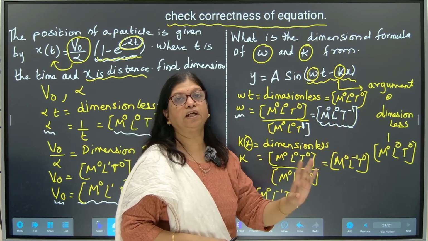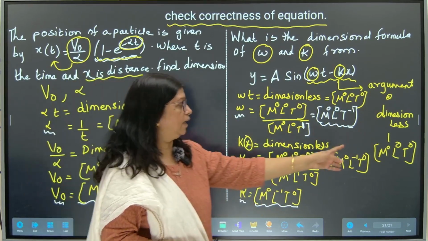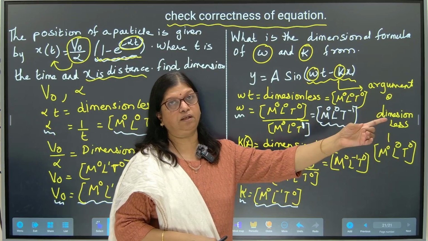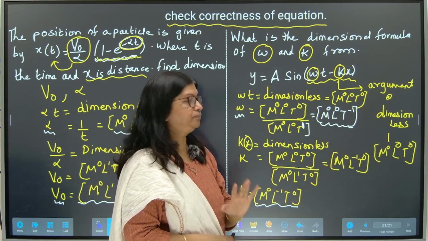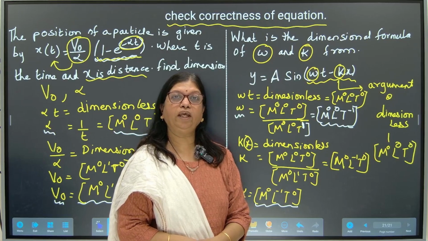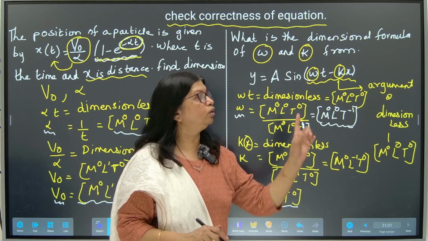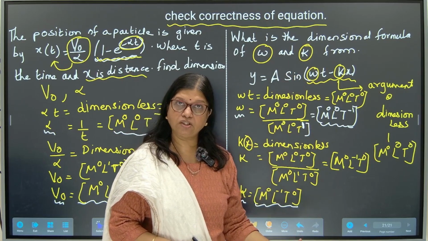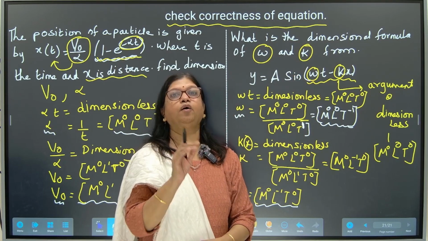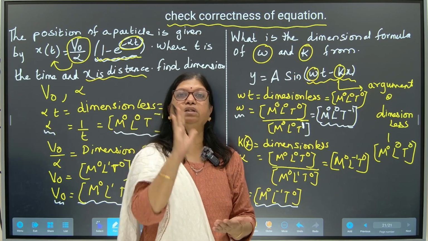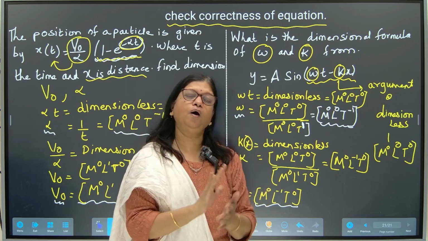Either 1, I have written in this one, or M raised to 0, L raised to 0, T raised to 0, which I have mentioned here and here. Fine. Okay, so I will just move. You take a pic of the whole page and understand especially this category of question which we can solve with the same principle of homogeneity.